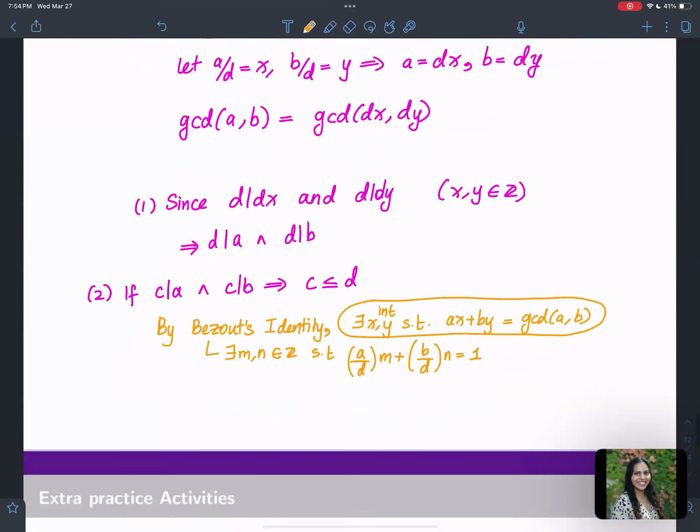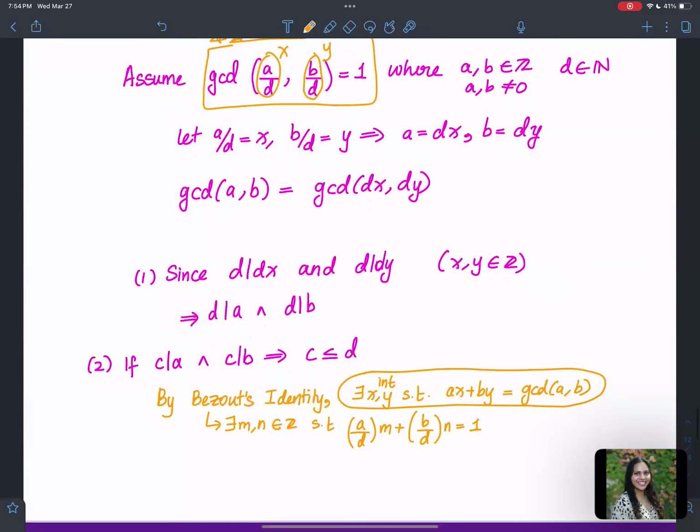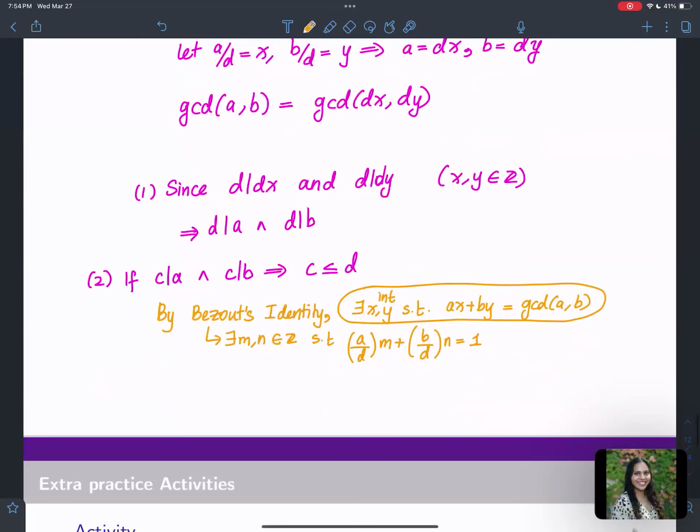I'm applying that here: we know the GCD of A over D and B over D is 1, so there should be integers m and n such that A over D times m plus B over D times n equals 1. If I simplify, this is am plus bn over D equals 1, so am plus bn equals D.